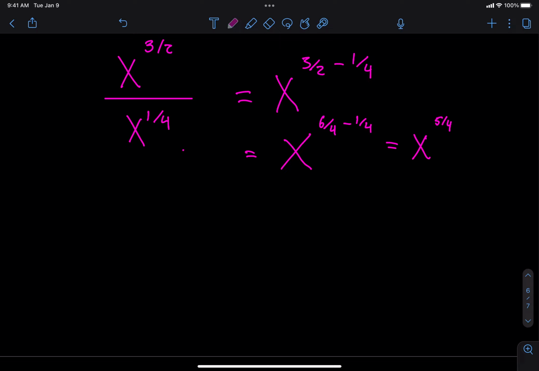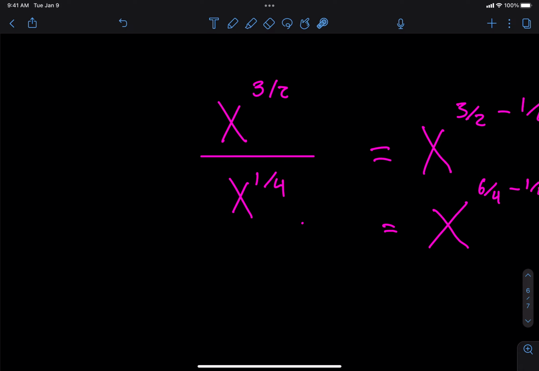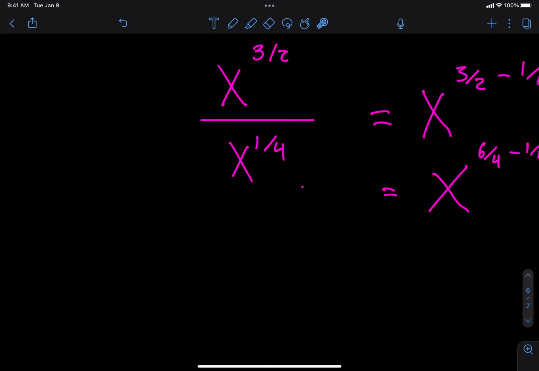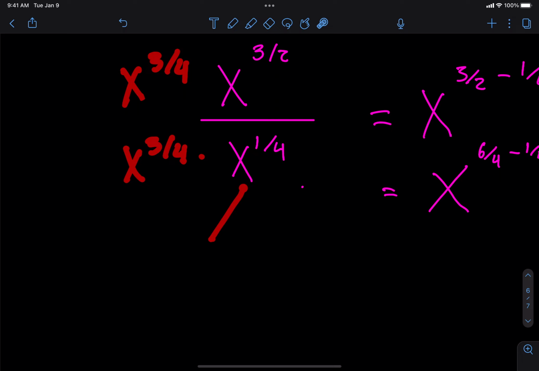And notice, this is perfectly fine. So one of the things that I feel like you might have been getting at with your question, Sully, was, well, should I start this problem by, say, multiplying the top and bottom by x to the 3/4, right? Because then in the denominator, I would get a power of like 1. You see what I mean?